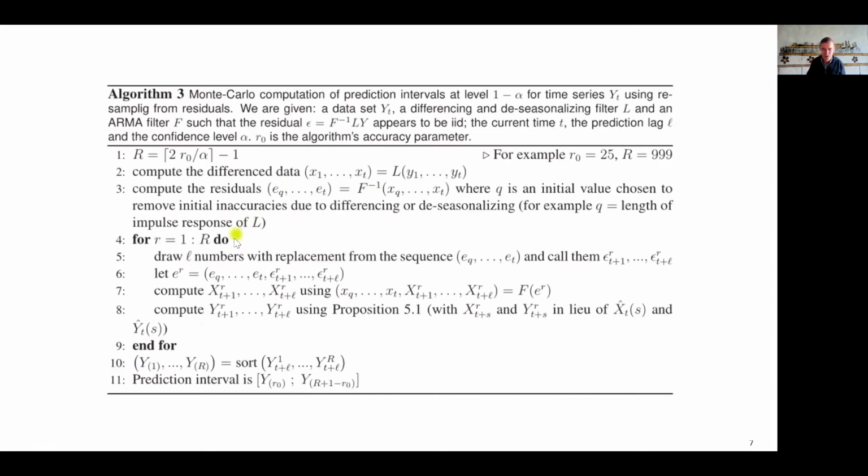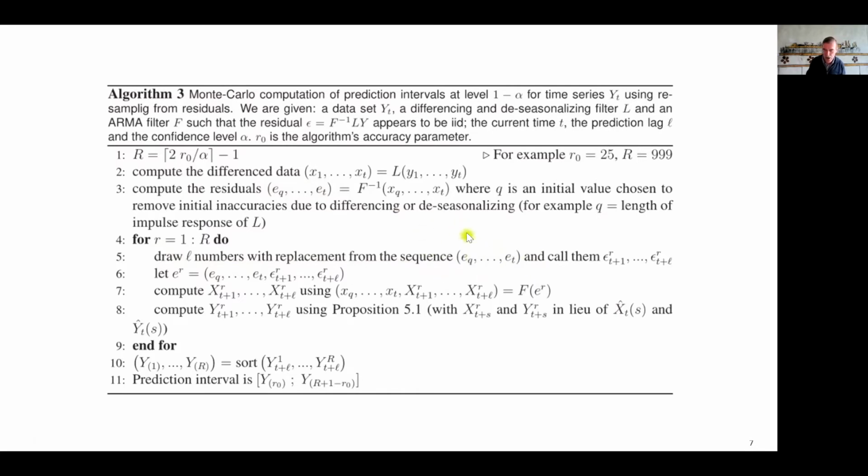And I will simulate capital R possible futures of my time series. For every simulation of the future, I want to do a forecast up to lag L. So I will draw L numbers with replacement from this bag of residuals. The sequence e1 to eT, which I don't treat as a sequence, but simply as a raw bag of values, because I assume it's IID, so the order plays no role here.